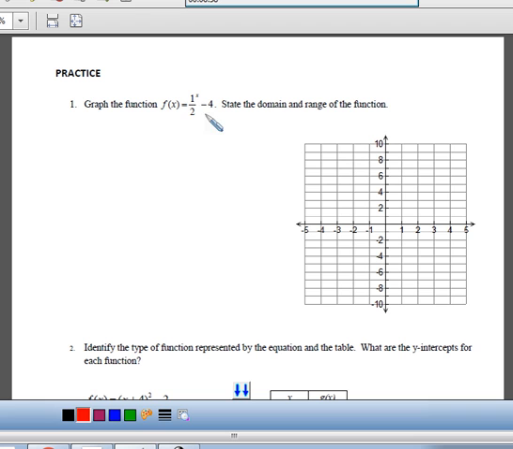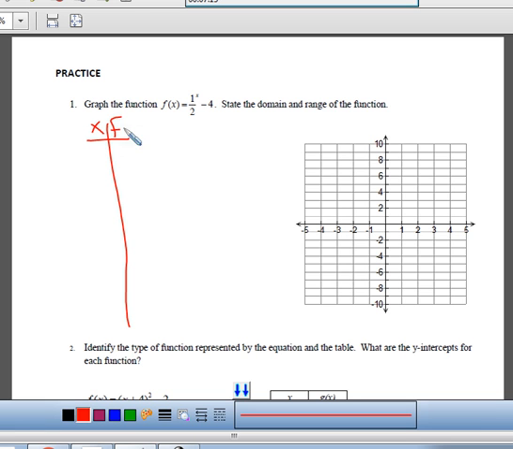Graph the function f of x equals 1 to the x over 2 minus 4. State the domain and range of the function. Remember to create a table, x and f of x, and then plot your points over here. I'm not going to give you any more tips on this. So you've got the next few pages of practice to do.